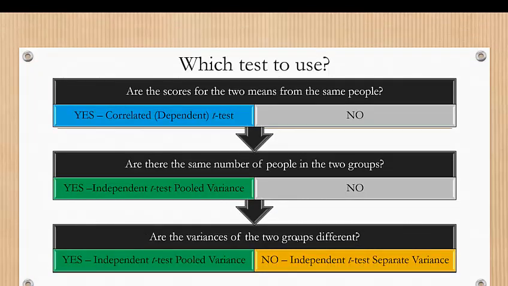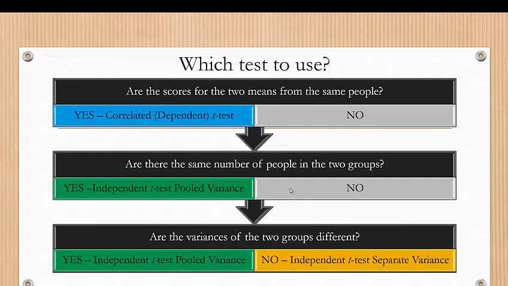So remember our flow chart. So let's start back at the top. Are the scores for the two means from the same people? No, this time they are not. Are the same number of people in the two groups? Well, we didn't get that far yet.